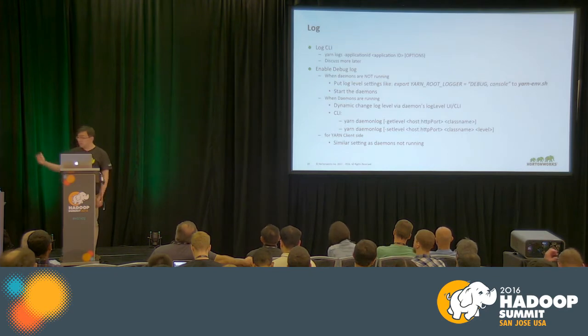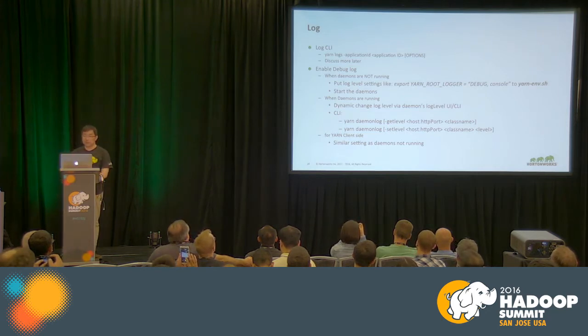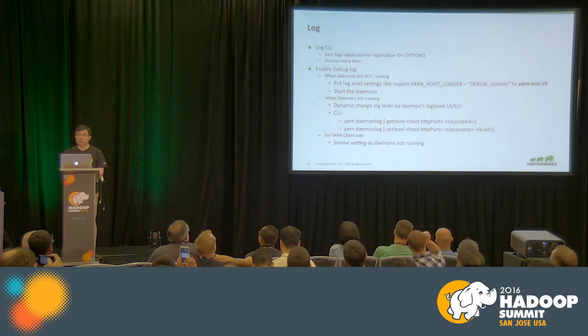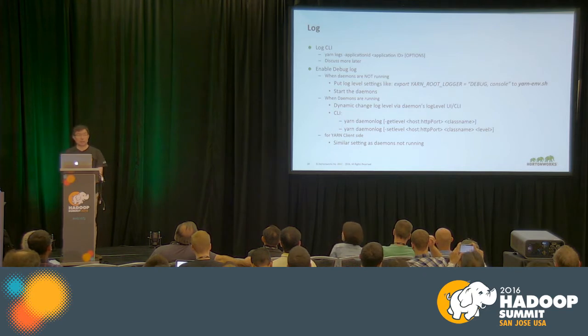My colleague Xuan will do a demo later on the log command line, so I will skip this part. But a useful thing to mention is that by default, the YARN cluster enables the info log level to make sure we don't print noisy logs. So if the YARN cluster runs into trouble, what do we do?